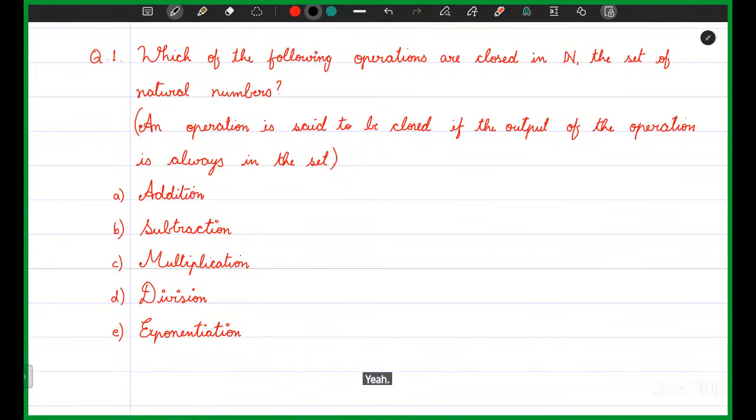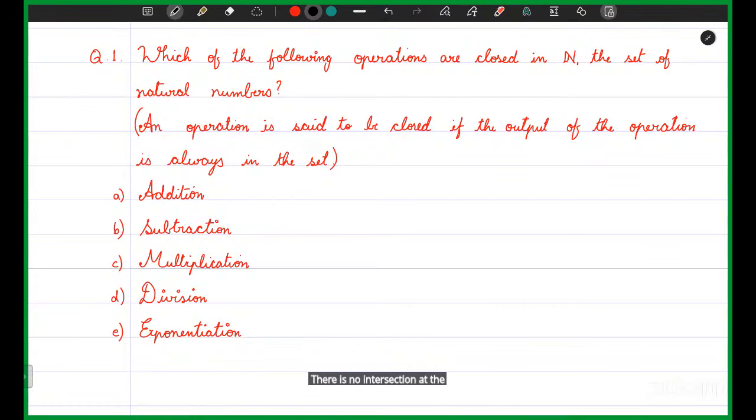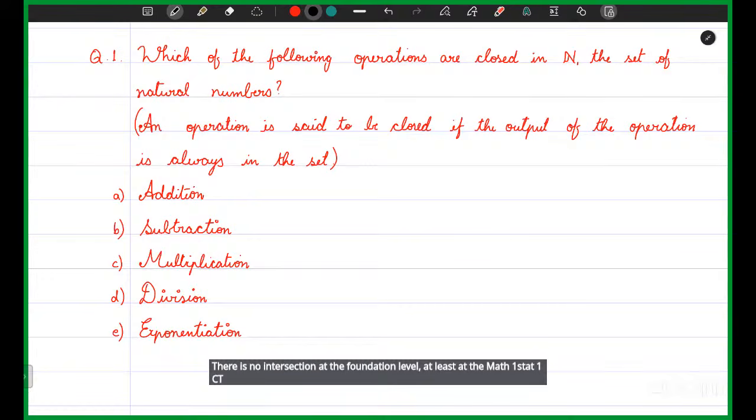Python is for term 2, I guess. No, there are people who take Python in term 1, and people who take it in term 2. You have a lot of flexibility, and we cannot avoid all clashes. What we make sure is that for instructor sessions, there is no intersection at the foundation level, at least for Math 1, Stat 1, CT. Oh no, sorry, Python is after CT, right?